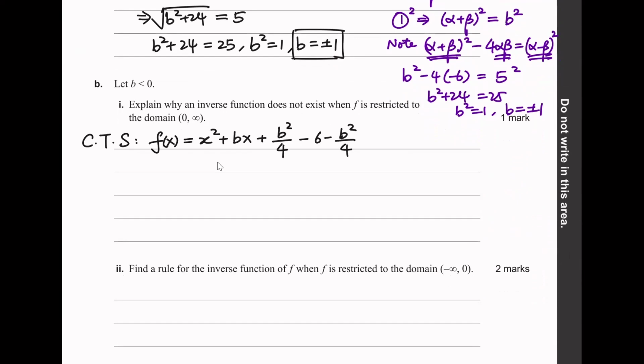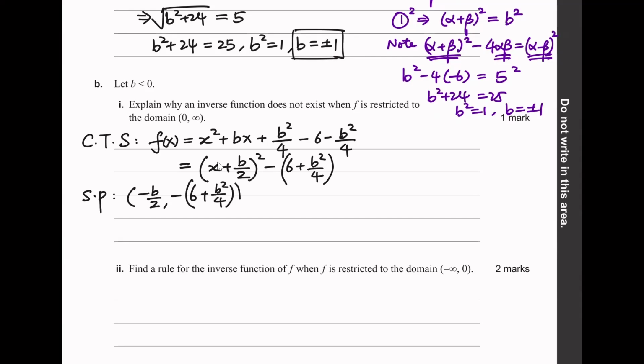B squared divided by 4 comes from b over 2 whole thing squared. So you have x plus half b squared minus, let's say, 6 plus b squared over 4. Of course, I'm going to put a bracket here. Therefore, the stationary point is minus b on 2 and the minus 6 plus b squared over 4.